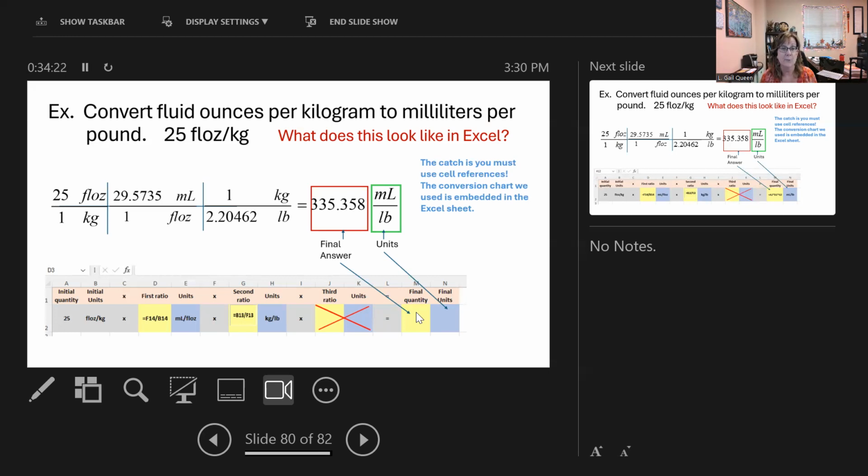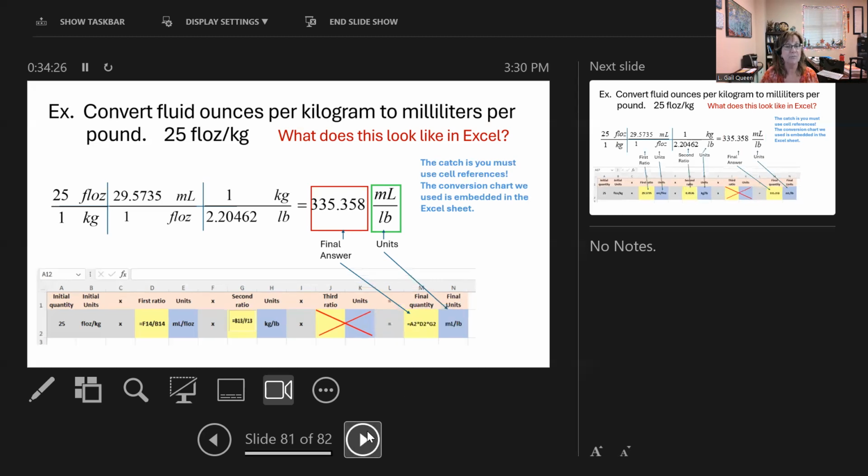And I just put that product in my final quantity. So this is what it would look like. We're going to do equals to let Excel know that I'm typing in a formula. We're going to do A2, that's where the 25 is located, times D2, that's where my first ratio is located, times G2, that's where my second ratio is located. I just need to multiply these three quantities together and I will get my answer. So you type that in equals A2 times D2 times G2.